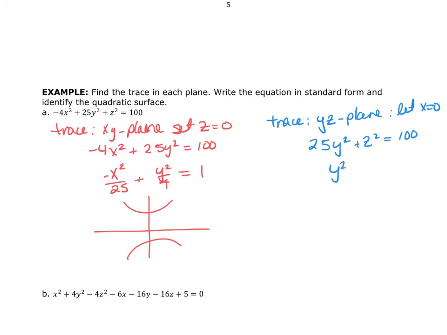And so I'd have y squared over 4 plus z squared over 100 is equal to 1. So in the YZ plane, we end up with an ellipse.